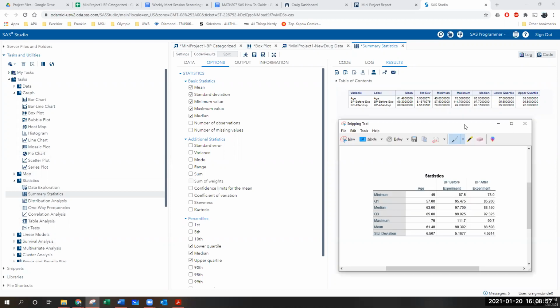This would be the same table, only considered a vertical table. And it's really your own preference.